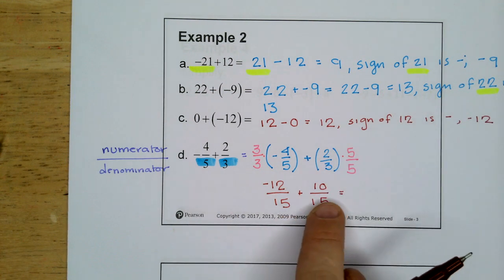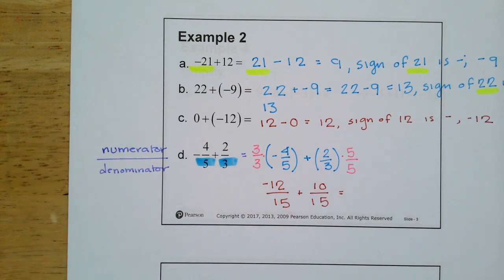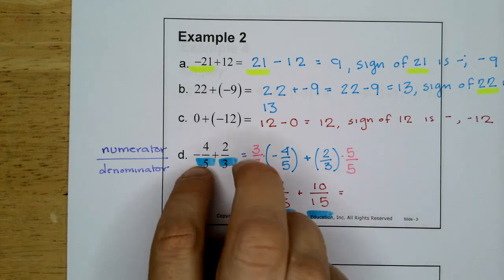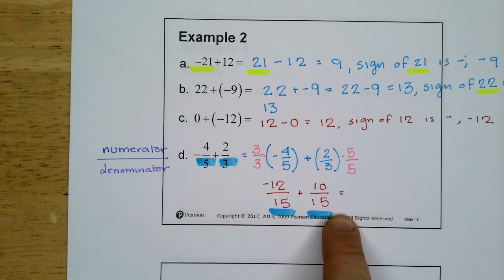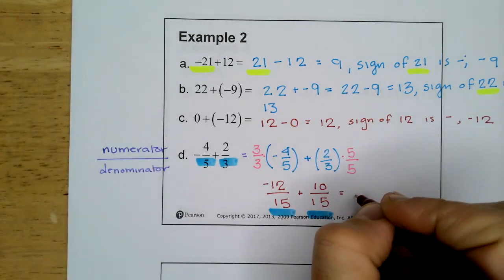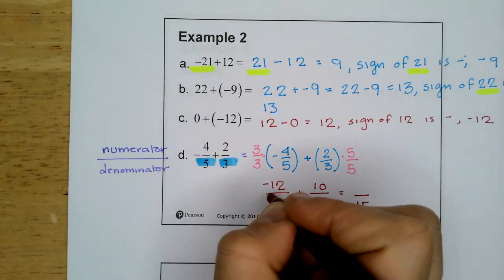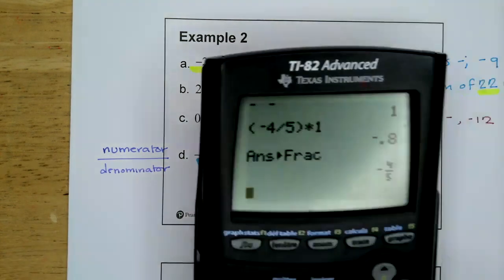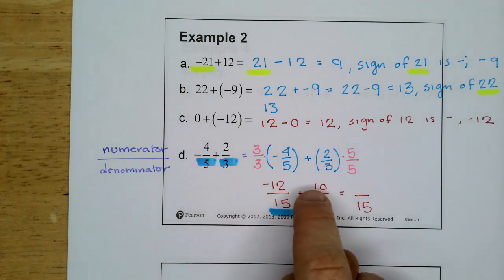Once you have what is called a common denominator, so that 5 and that 3 are now both 15. We made a common denominator. Congratulations. By multiplying each denominator by the other denominator. So now that you have common denominators, you leave that denominator the same and you just add the numerator, the top number. -12 plus 10, remember we said that those are different signs.